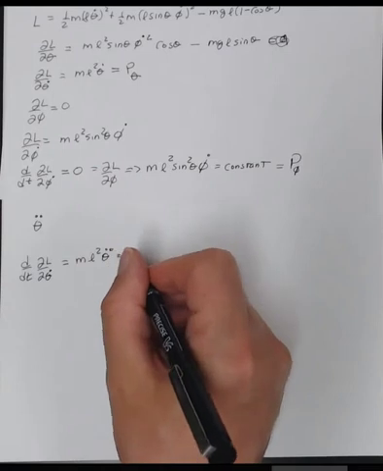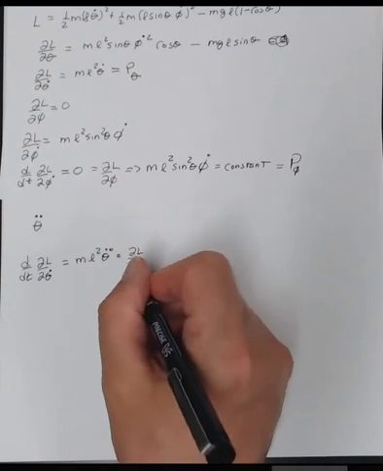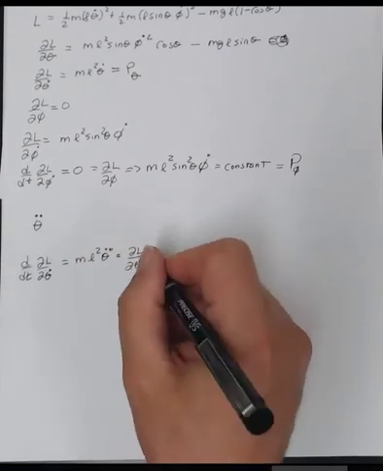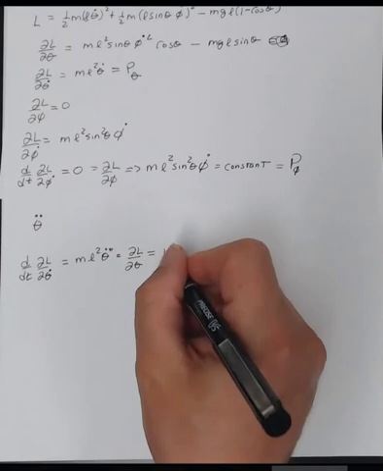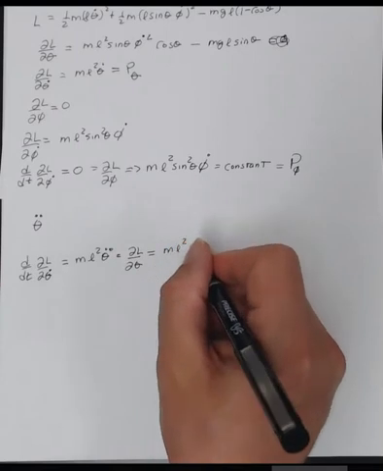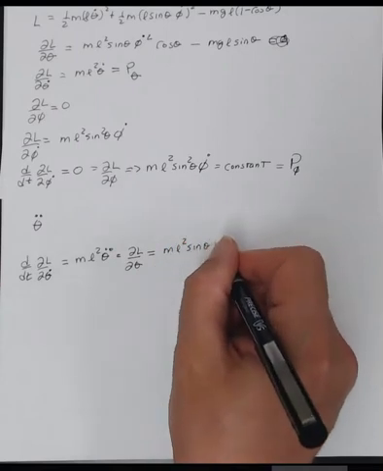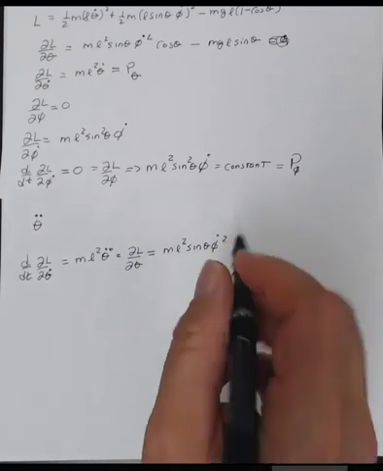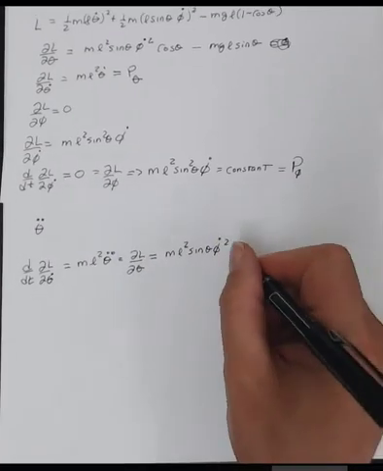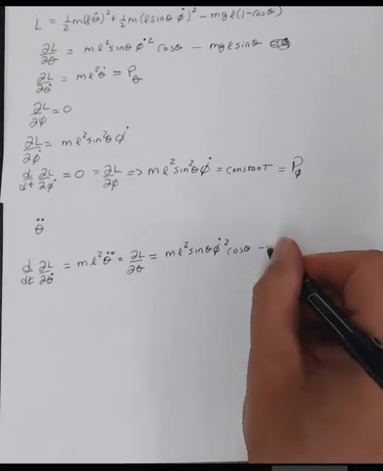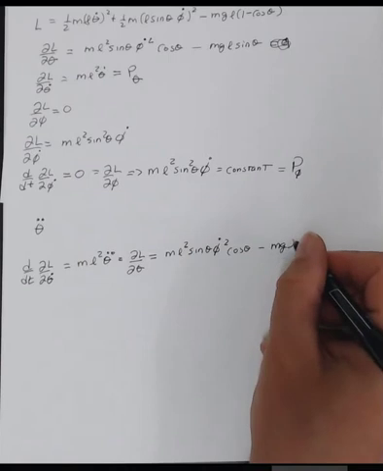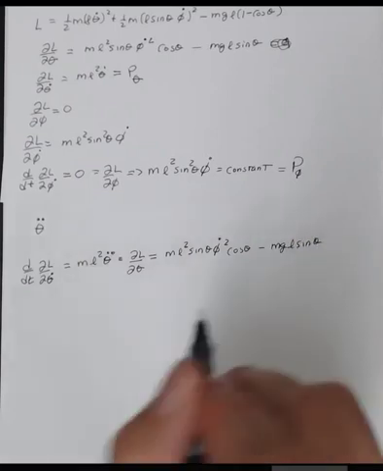But what does that equal? That equals m L squared sine theta phi dot squared cosine theta minus m g L sine theta.